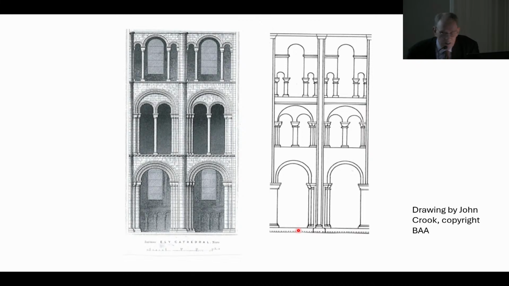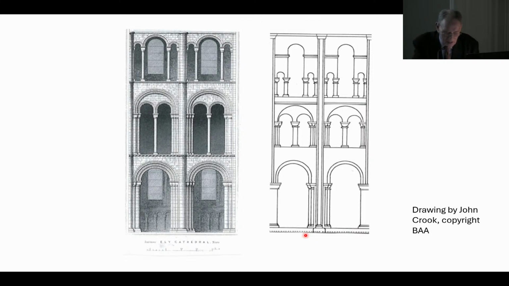Incidentally, this, I know, looks like cheating, but it isn't, because the presbytery arcades at Winchester sat on a low stylobate, which is there. So in fact, the comparison line is with floor level there and here. And that produces something very close to the height of Ely as built.